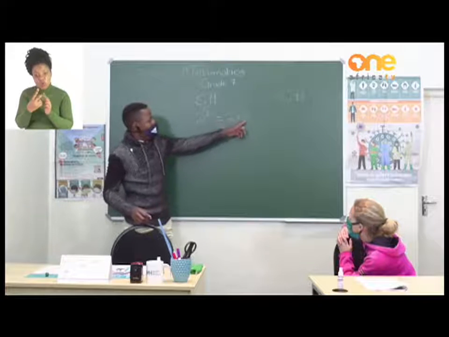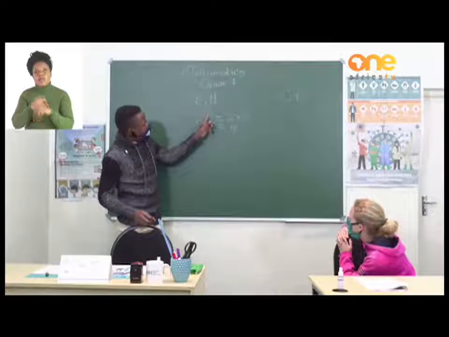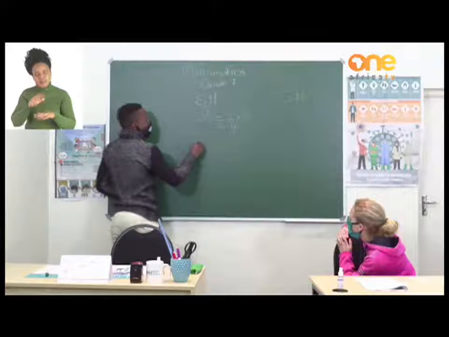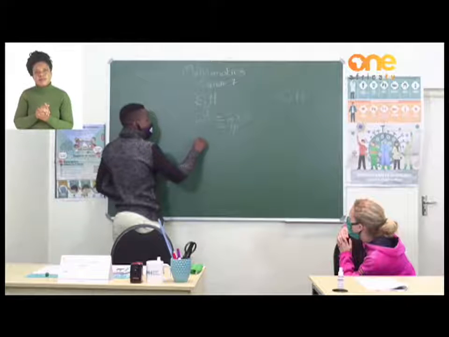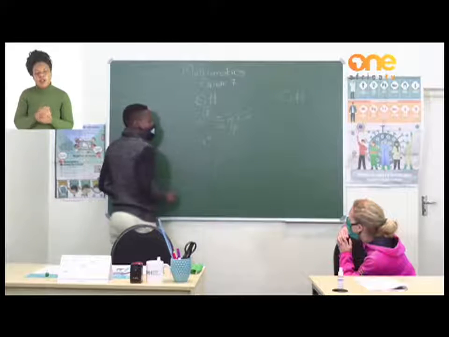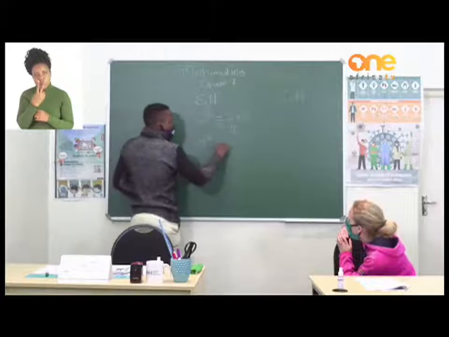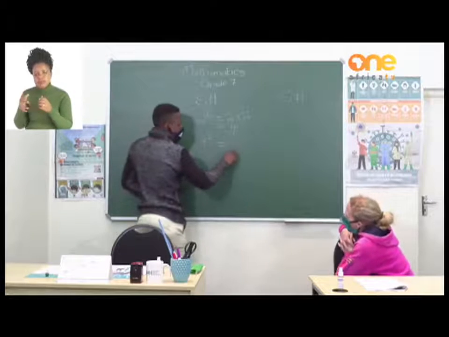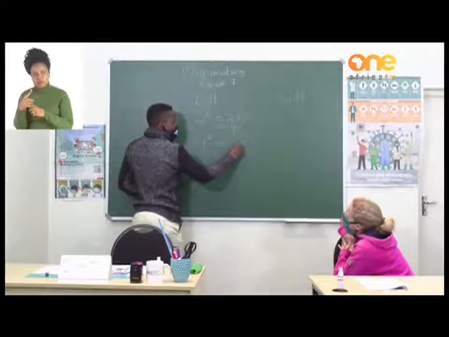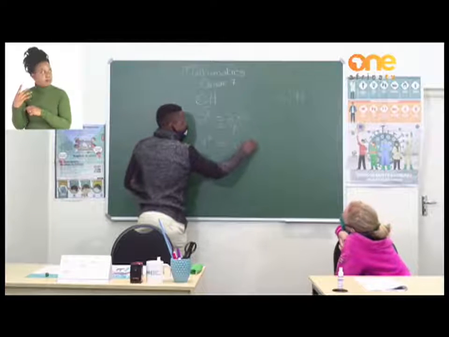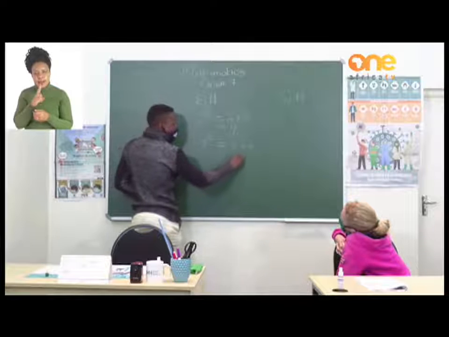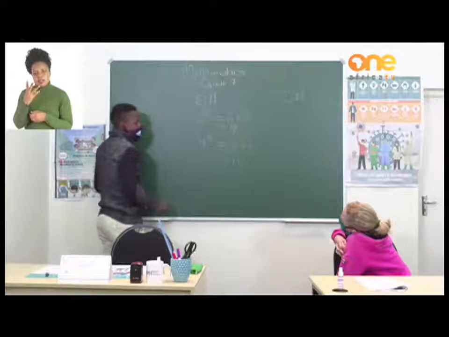These 2s have to appear twice. That's why there's a 2 here. I can give another example. For example, we have 4 squared. 4 needs to appear 2 times, so it has to be 4 times 4, and that should give you 16.